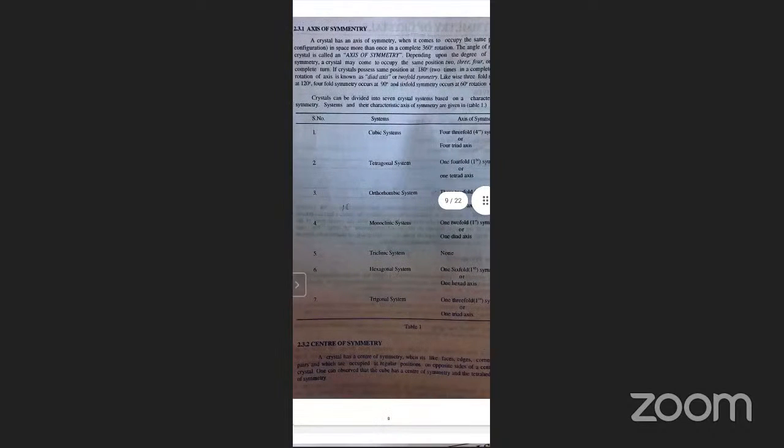A crystal has an axis of symmetry when, in space, it occupies the same position more than once in a complete 360 degrees rotation.